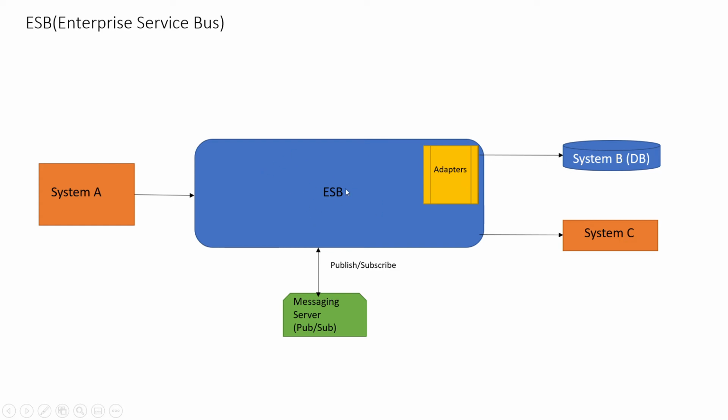ESB can also get linked to the publish and subscribe model. That is, it can speak to messaging providers such as Broker, Universal Messaging, and so on and so forth. So you see, ESB is quite a handy component, and that is the reason most of the organizations are using ESB concept for their day-to-day transactions.